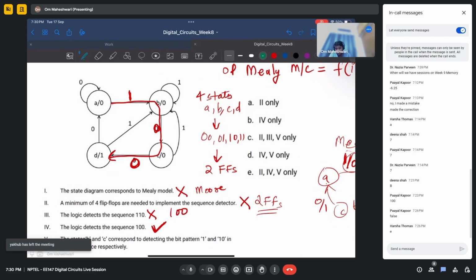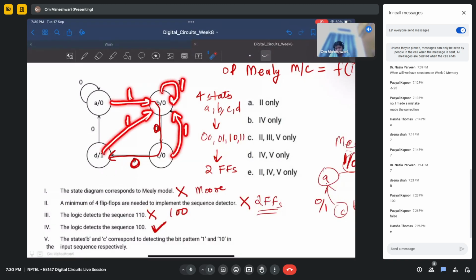As you can see, whenever we get a 1 as input, we go to B. In all the cases, whenever we get 1 as input, we go to state B. So B detects 1, and whenever after this 1 we get 0, we get to C. So C detects 1 0, or any of these paths where we get 1 0.